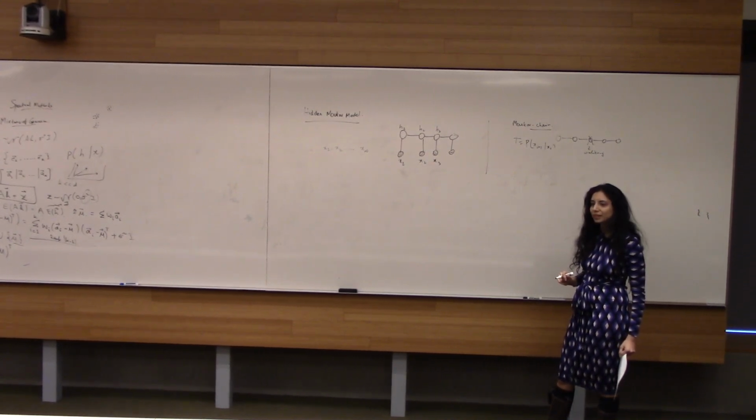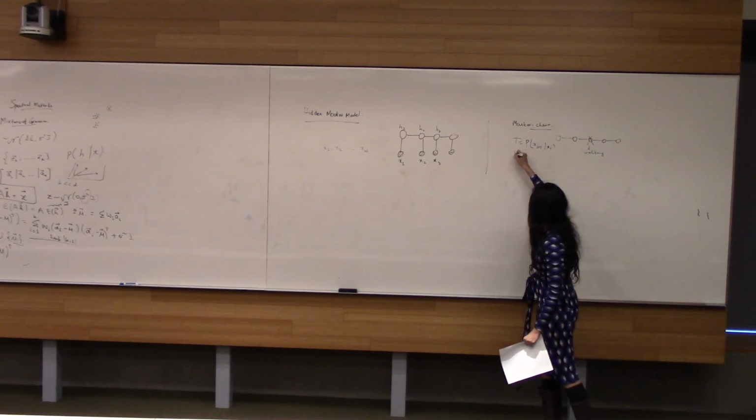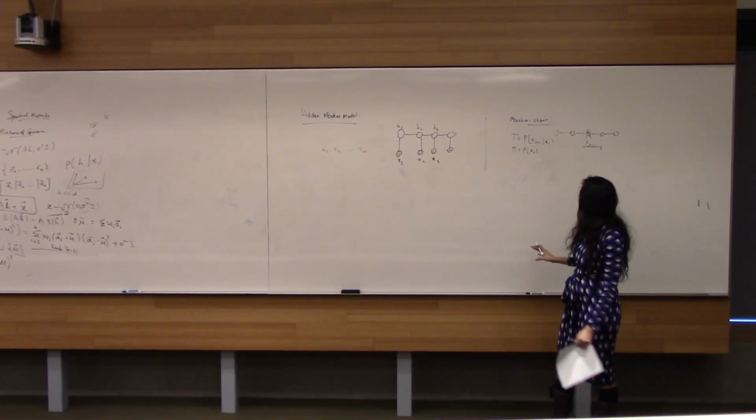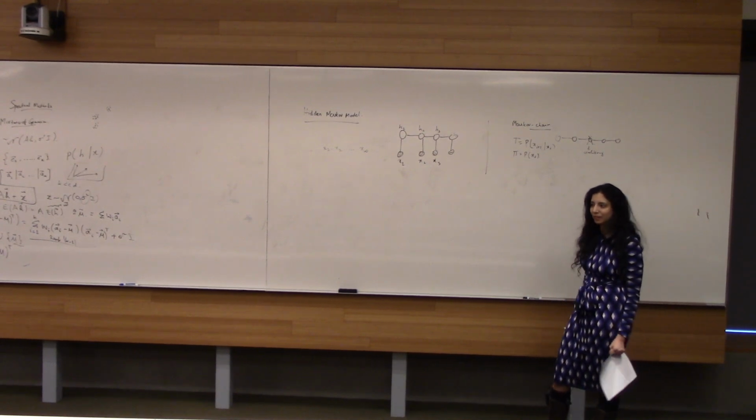So what else? Is there some other parameter in the chain? There's the initial one, right? So pi is the initial probability. Okay? How can I estimate this in a Markov chain?